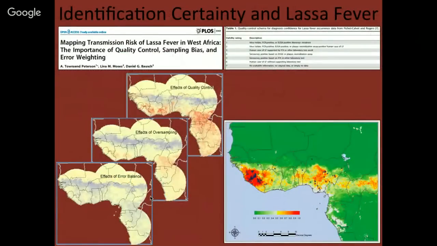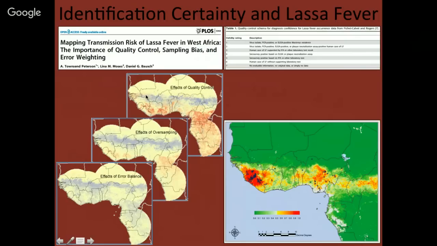Here's another example, another African disease example. This is for Lassa fever models. The lower right shows you a model that was published by a group from the University of Oxford, and you can see some pretty serious foci of their prediction of risk. And then notice this effects of quality control.